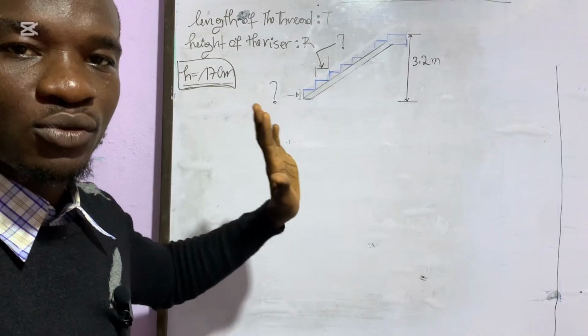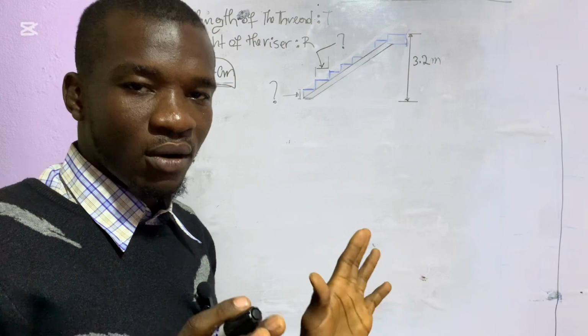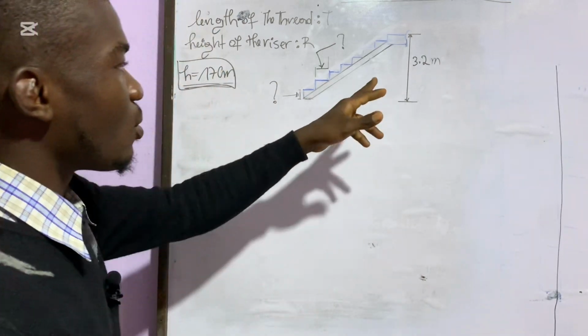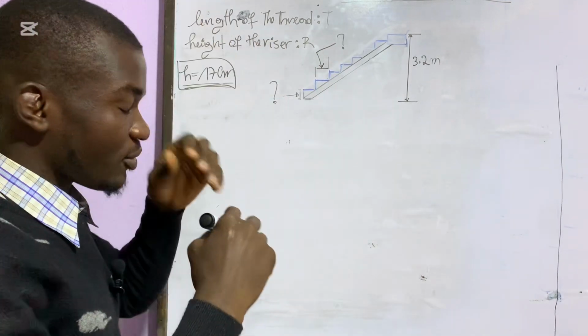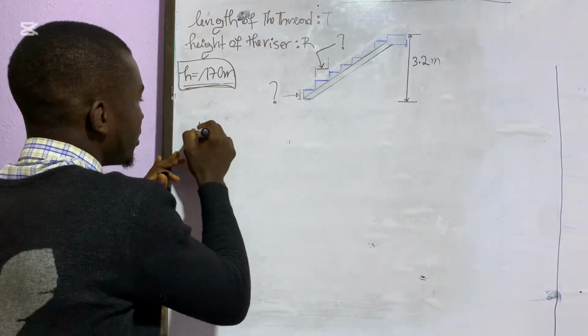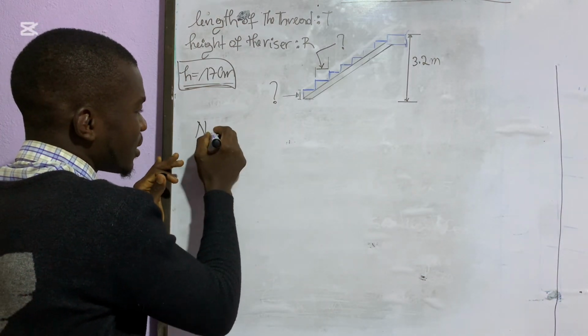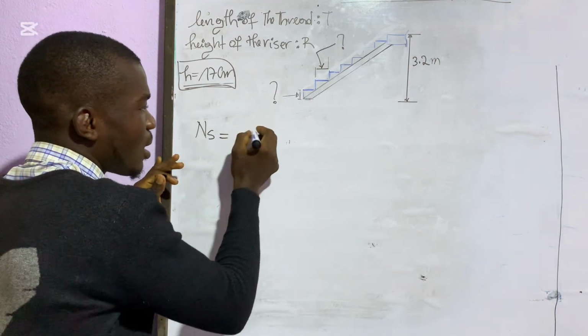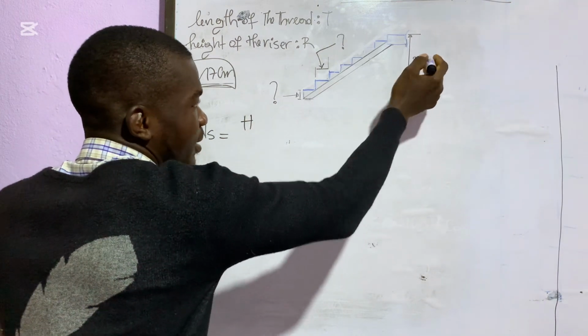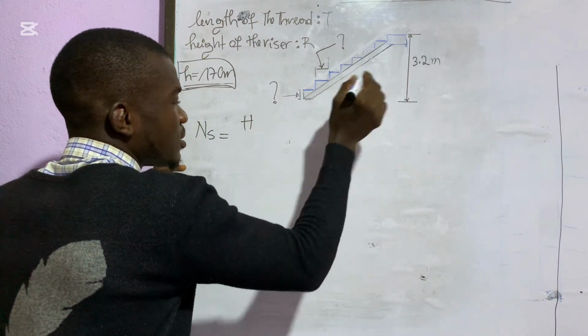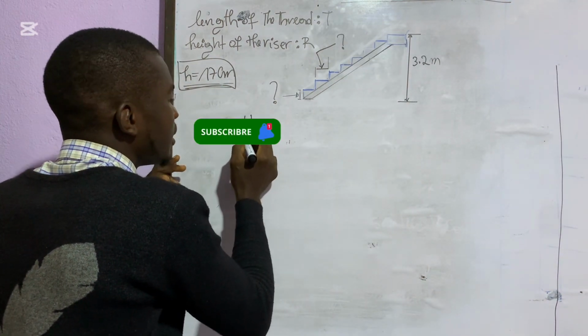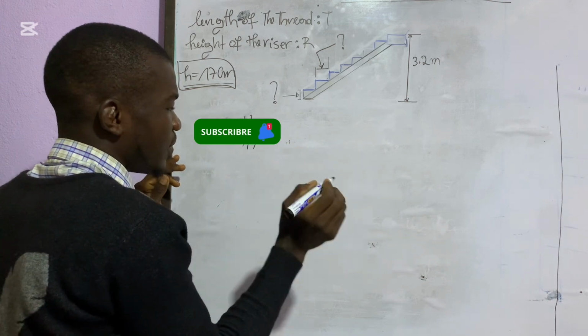So what you have to do to get the number of steps for your staircase, when you know already the vertical height of your staircase, you just say the number of steps ns is equal to the vertical height h, which is 3 meter 20 here, divided by 17.